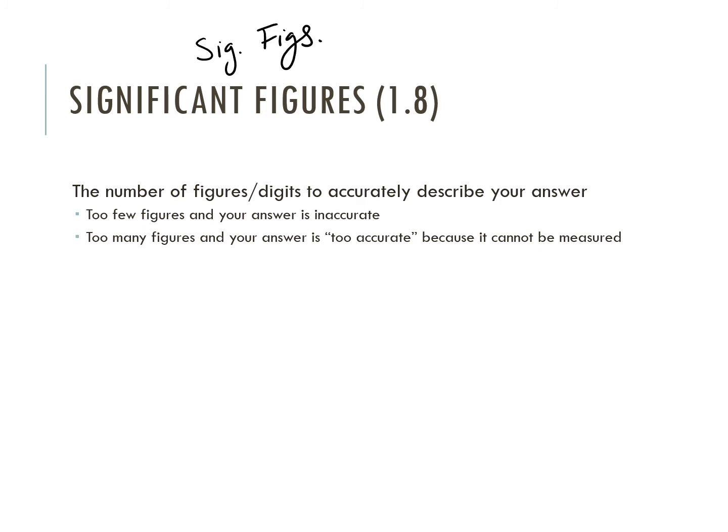So for example, if you include too few figures, your answer becomes inaccurate. So you have an age. You are a certain age, whatever that is. I happen to be 31. So if I used too few significant digits, let's say I only want to use one, I could say I'm 30. That's not that big of a lie.